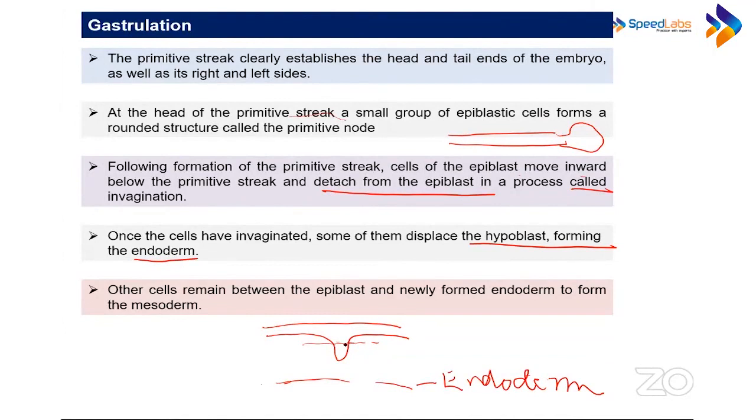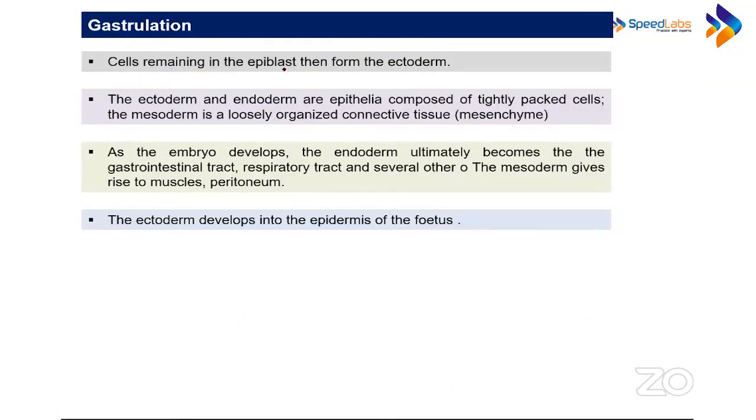You understanding? उसके बाद यहाँ से other layer of cells will get detached. They will be called mesoderm या mesenchyme, and whatever will be left behind will be called the other cells that remain between the epiblast and the newly formed endoderm. The cells remaining in the epiblast then form the ectoderm.